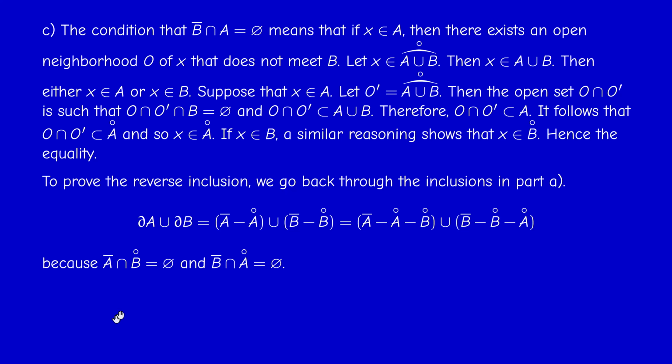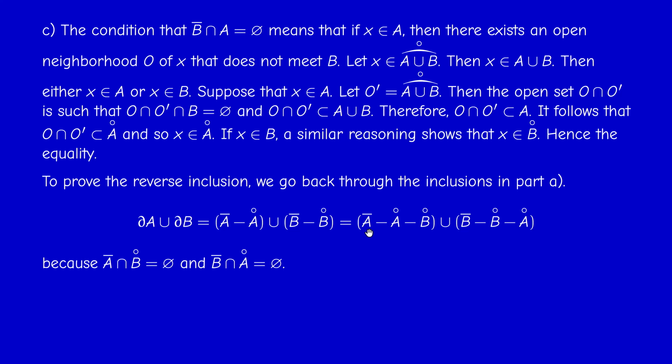Okay, so now I go back to the definition. The boundary of A union the boundary of B is A bar without A circle union B bar without B circle. This is just by definition. And according to what I said, A bar without A circle is the same as A bar without A circle without B circle, because B circle does not meet A bar. So when I remove it, it doesn't change anything. Okay, so this guy is equal to this guy. And similarly for the other one.